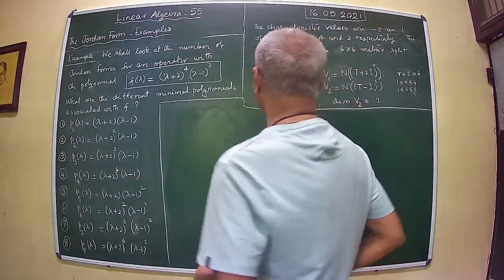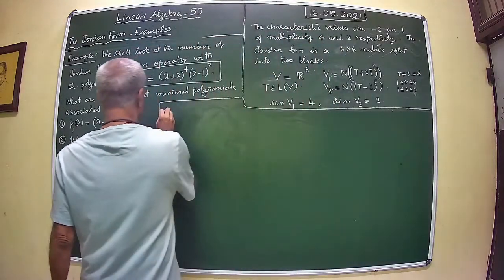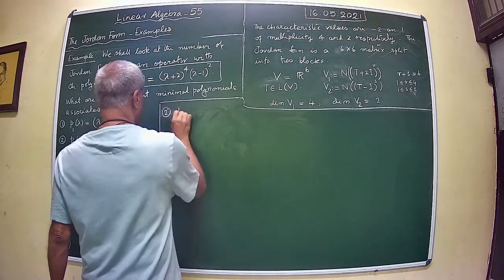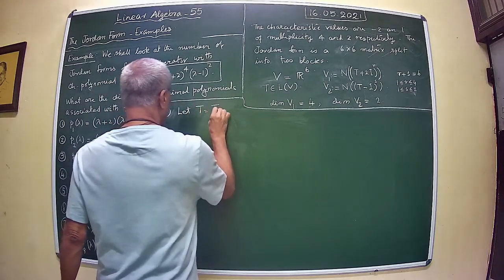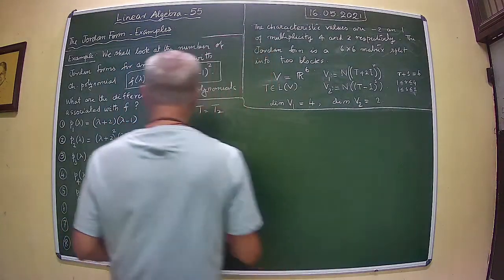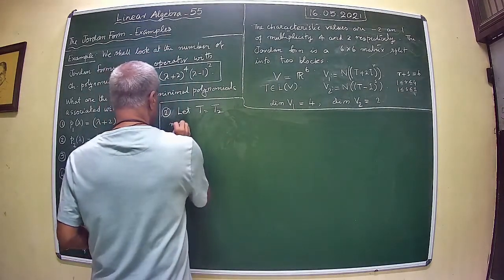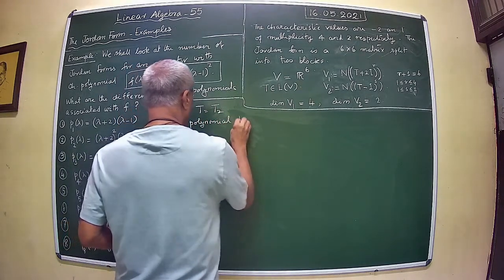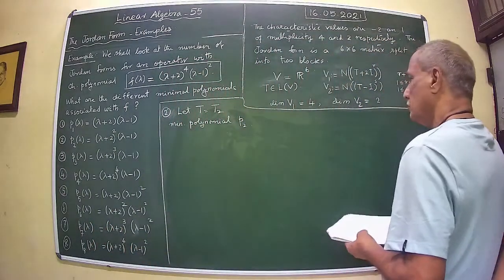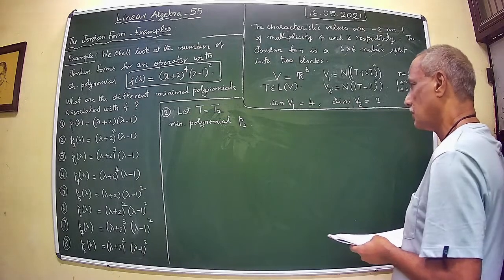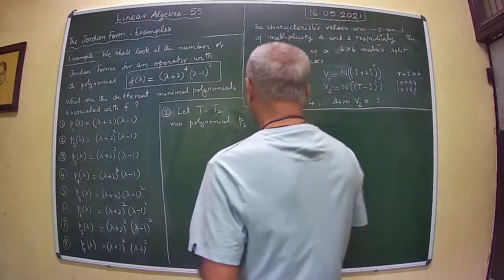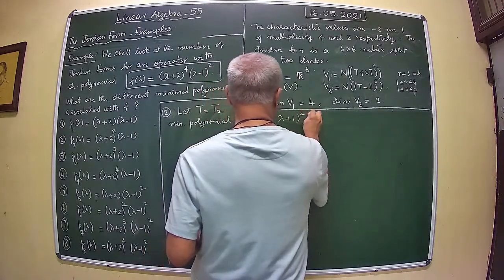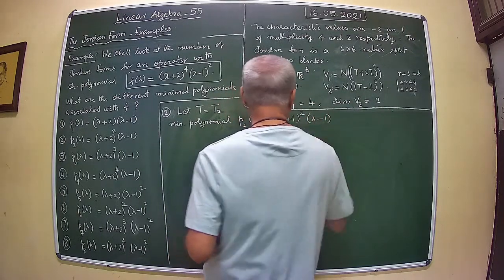Second one is we will write T2, T2 with the minimal polynomial T2, and which is equal to P2 lambda equal to lambda plus 2 whole square, lambda minus 1.